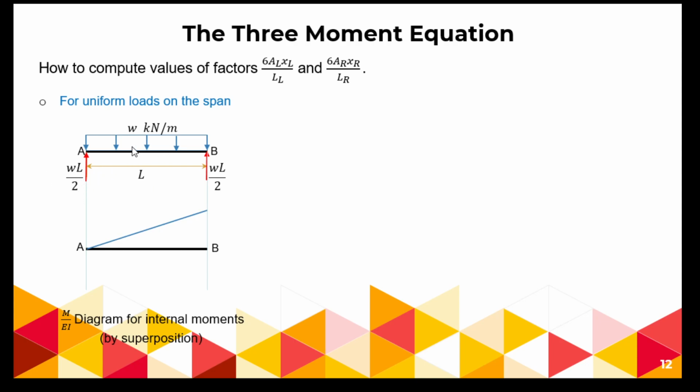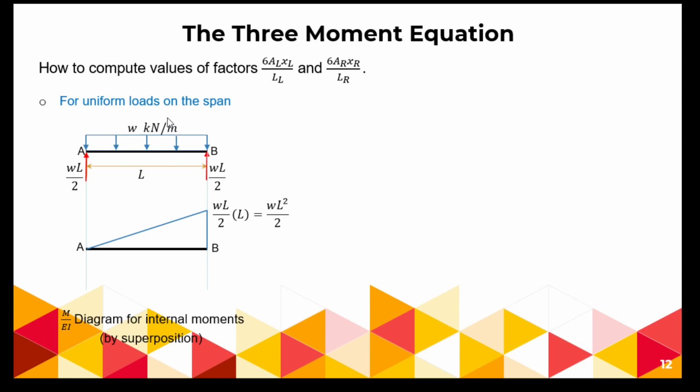WL over 2 times the span will give you the value sa moment sa aton nga factor sa AB to be equal to WL squared over 2. WL over 2 times L, ang maniga niya. That is, for the reaction WL over 2 pa lang na.